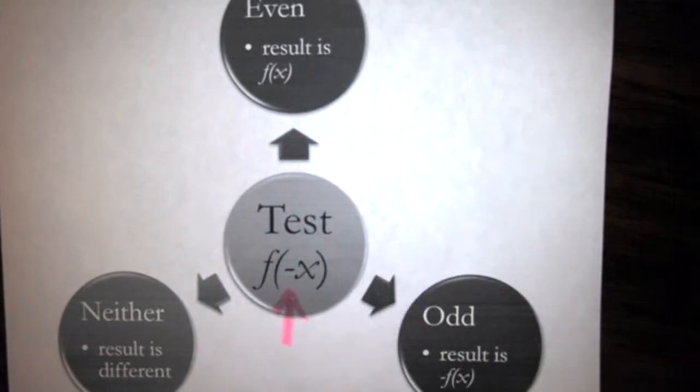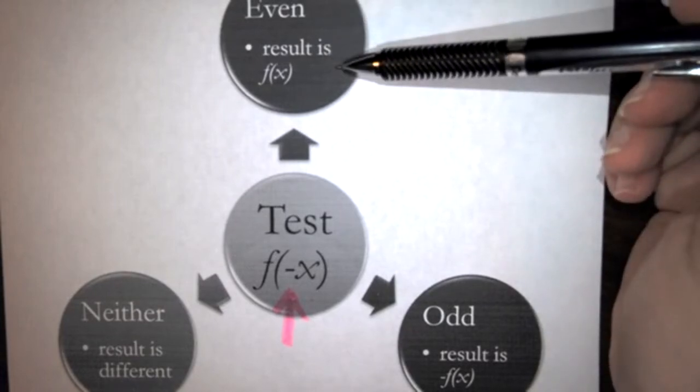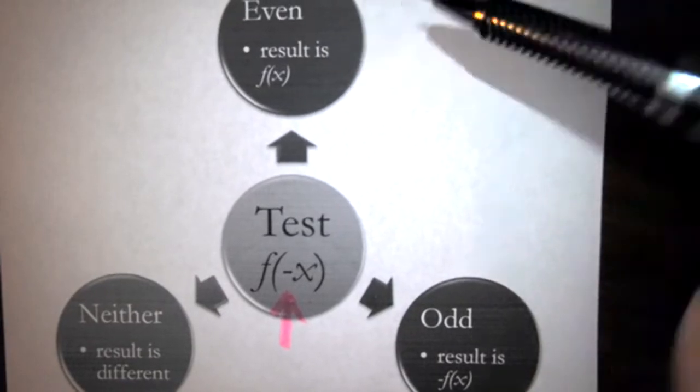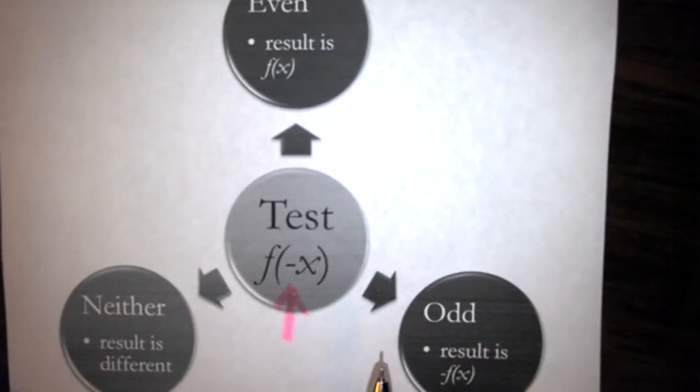That's what we're testing. Even says that the result you get back was the same. Odd says the result you get back is the exact opposite. Neither means something totally different occurred, and therefore you have neither even nor odd.